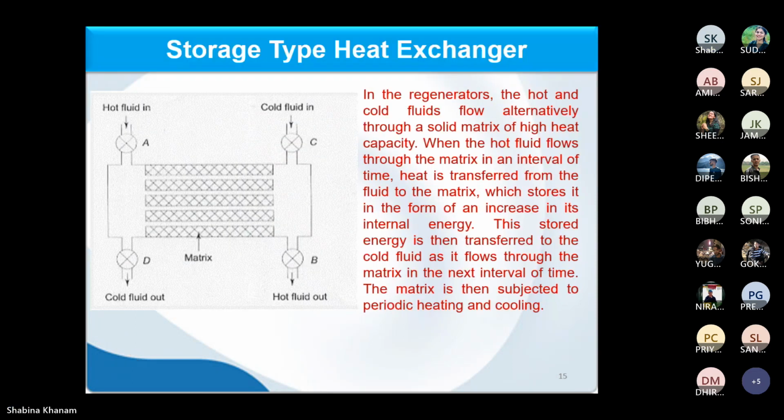Here we have covered a few heat exchangers which are commonly used in chemical processes and their functioning. So that is all about classification and different types of heat exchangers.